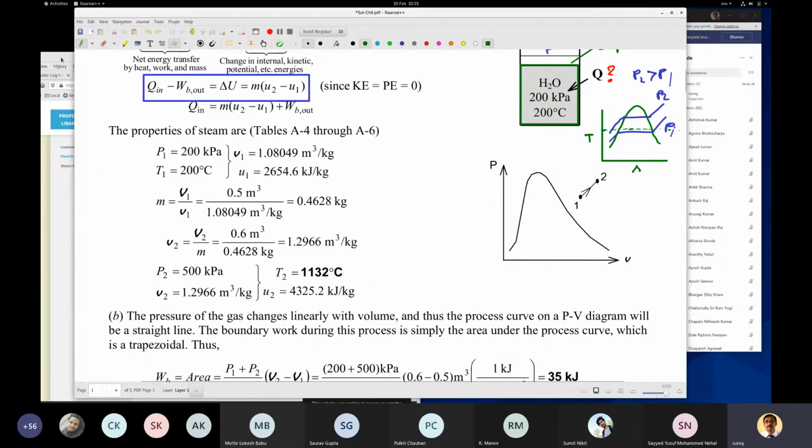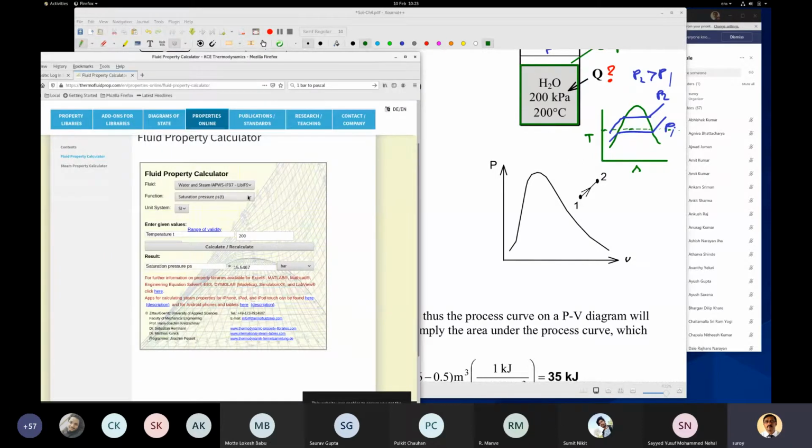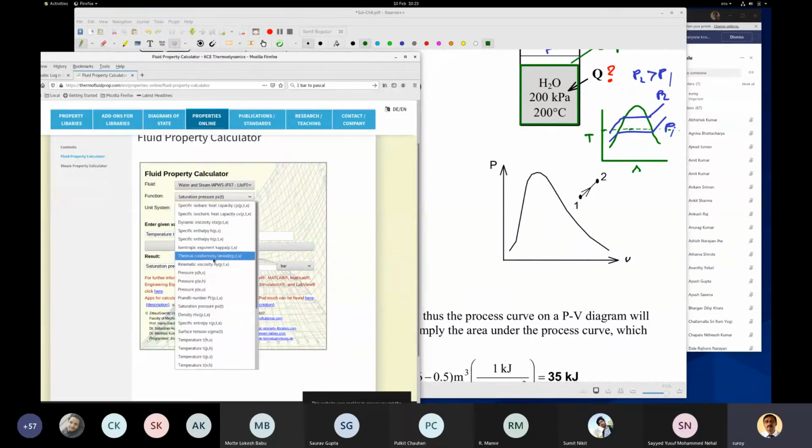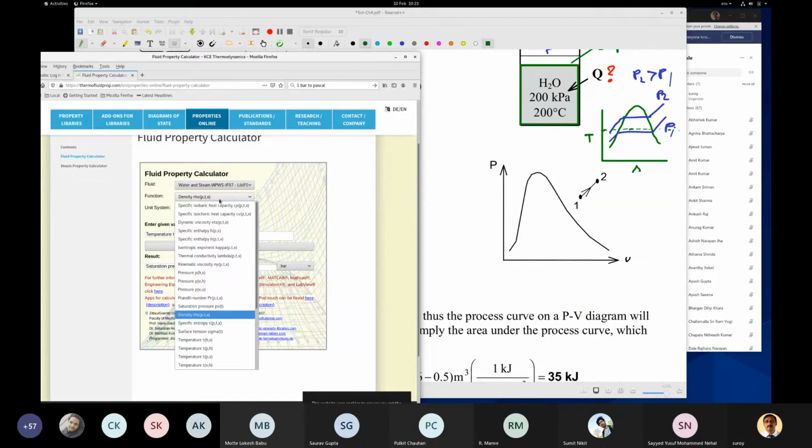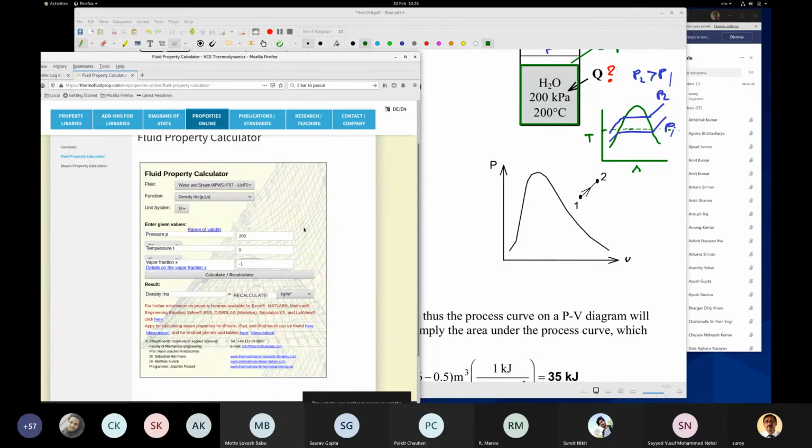So now let us calculate the mass here. We must know the specific volume or density. So let us see the density. We set kilopascal for pressure and centigrade for temperature.